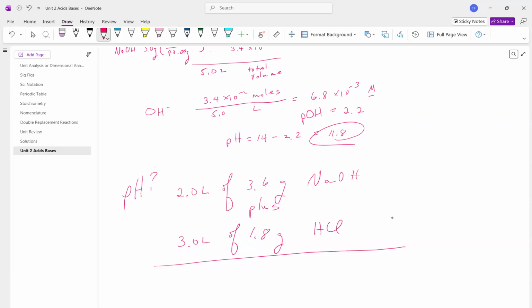Yeah, you do divide, because you're processing it and make it simple. Anyways, you want to get the difference between these two, and you use that, and you divide it by the total volume.